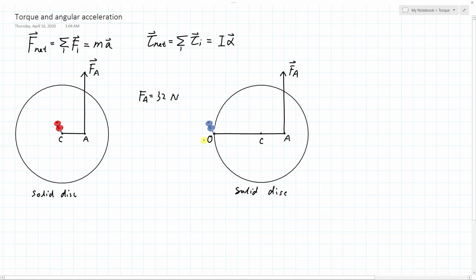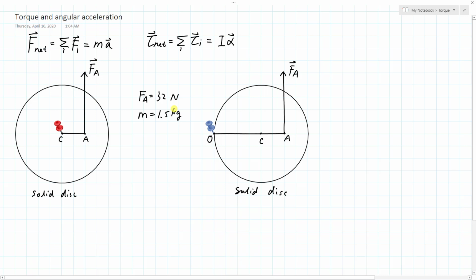Just imagine trying to do this experiment with two separate disks. And let's say that the mass of the disk, apparently probably not from cardboard, is 1.5 kilograms, a value I picked.